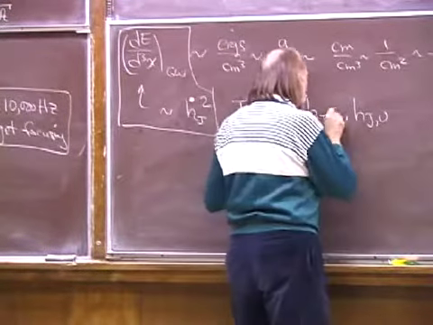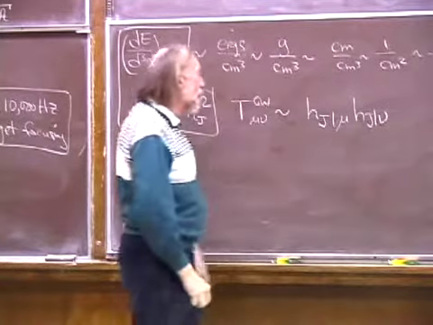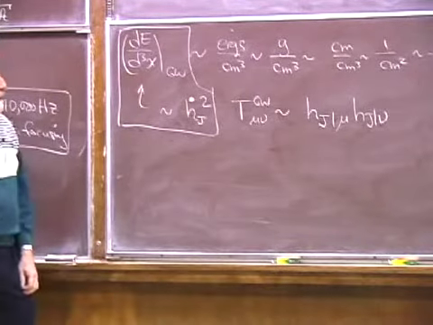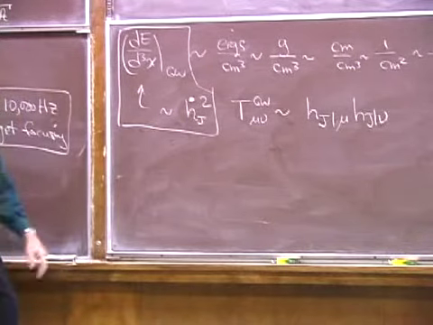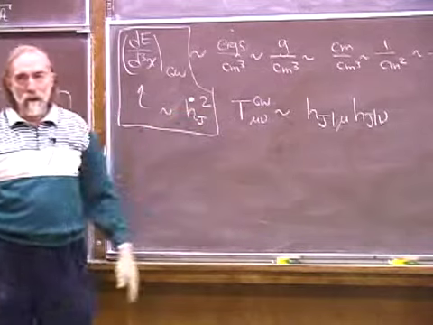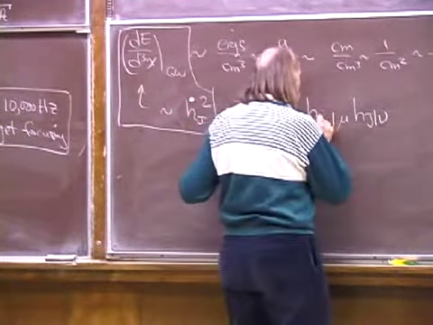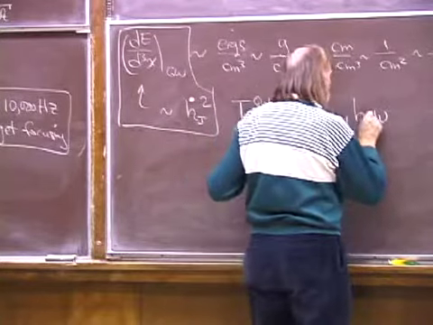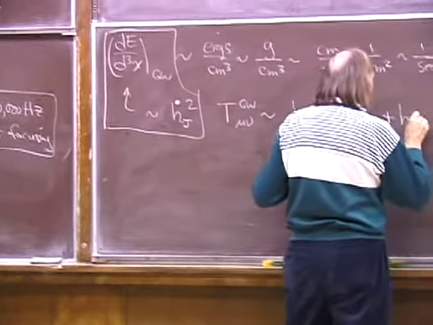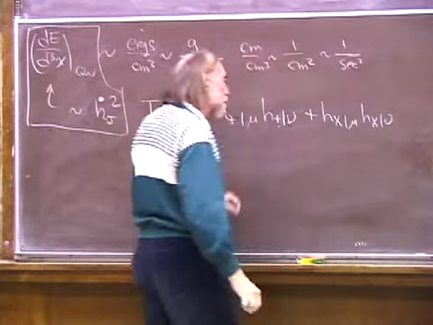Well, let me put on a slash just so we emphasize we're in curved space-time. We expect it should look something like that, where j is plus or cross, and you would have contributions from the plus and contributions from the cross. So for the whole thing, let's just write it as h plus slash mu, h plus slash nu, plus h cross slash mu, h cross slash nu.